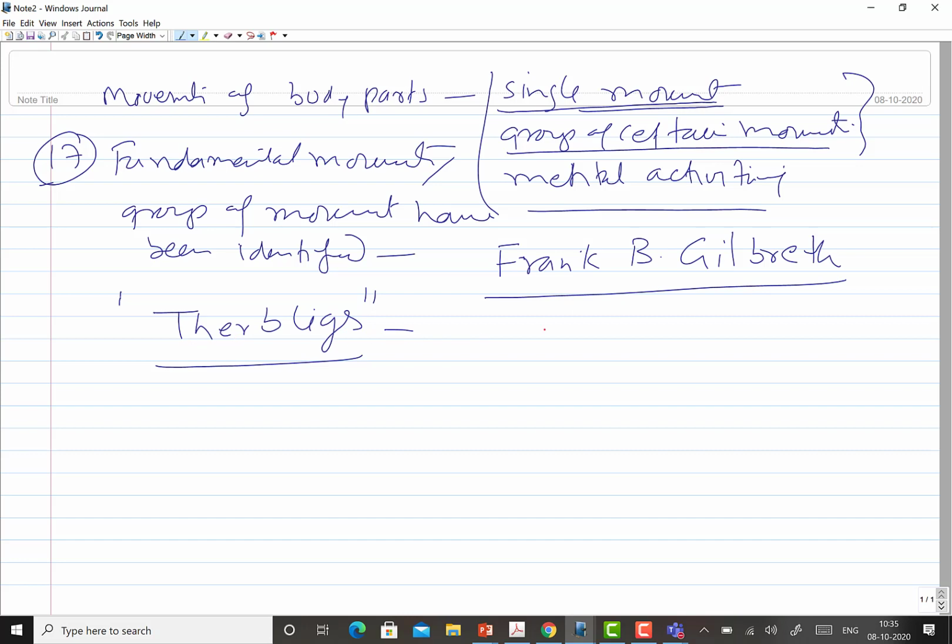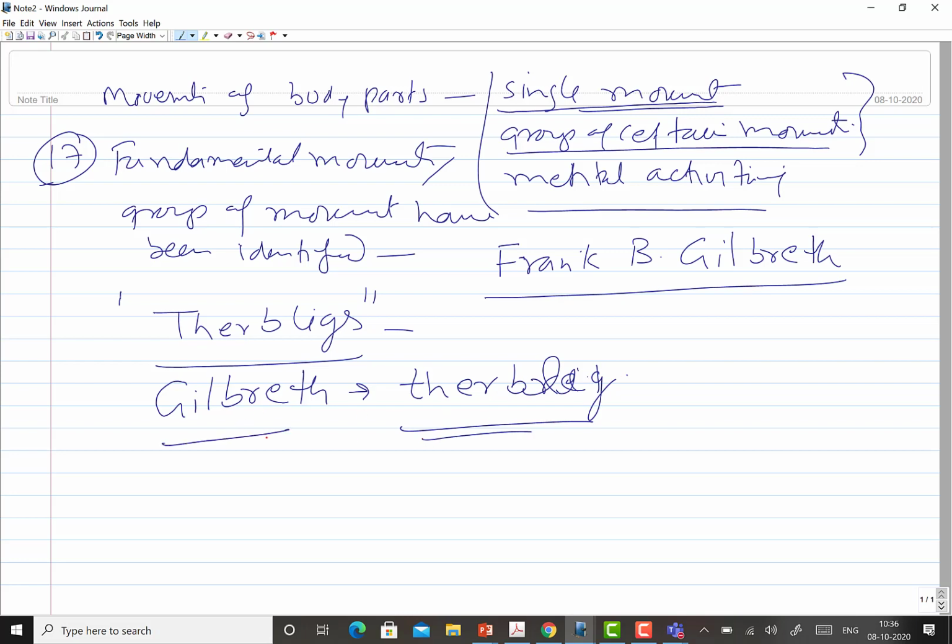If you write Gilbreth just in reverse, you get therblig. So the spelling is written in reverse order from the name Gilbreth, and these are termed therbligs. The 17 fundamental therbligs, which are movements or groups of movements, were identified by Gilbreth.